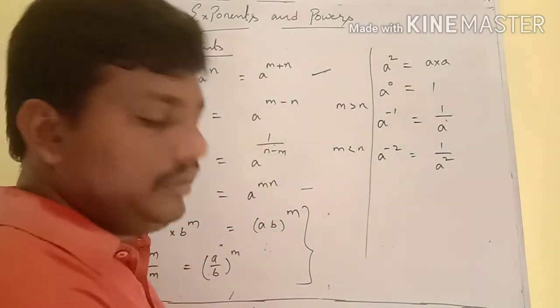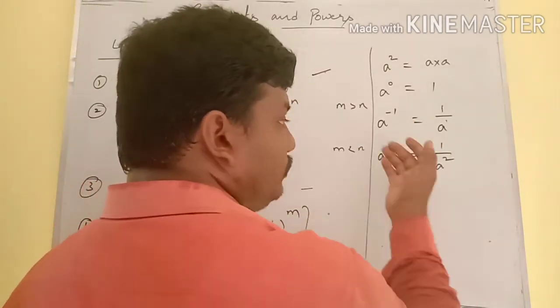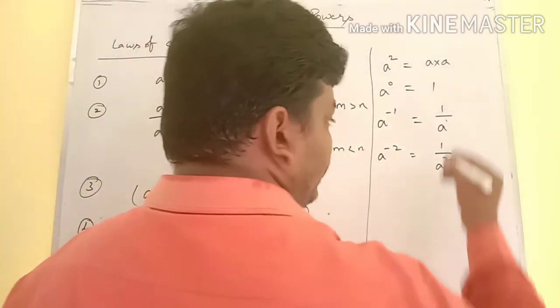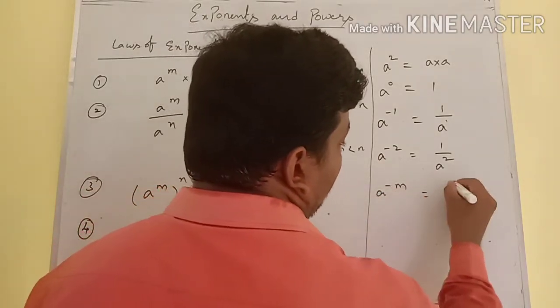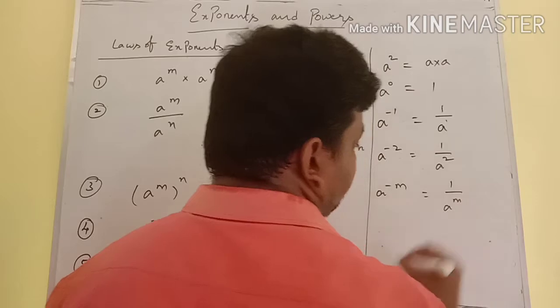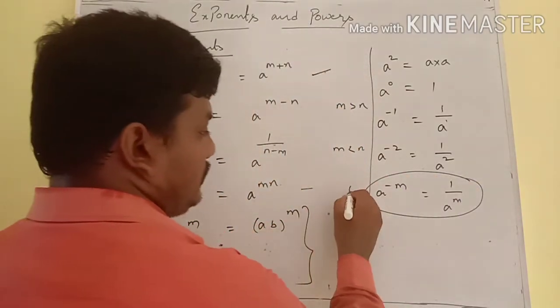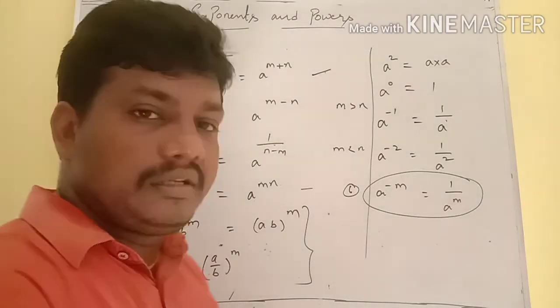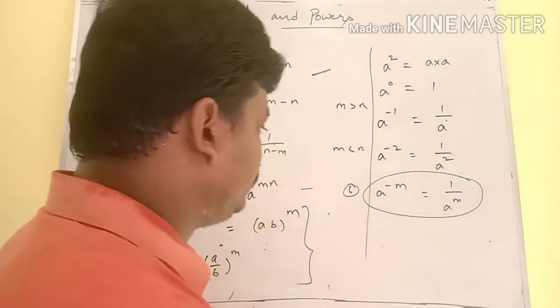Negative powers mean we take the denominator. That is, a power minus m can be written as 1 by a to the power of m. This is another formula of the laws of exponents.